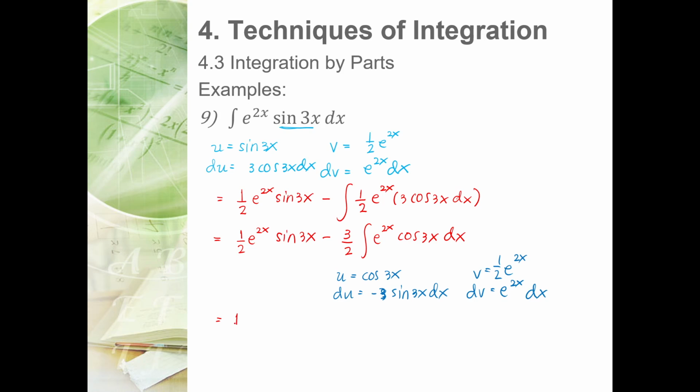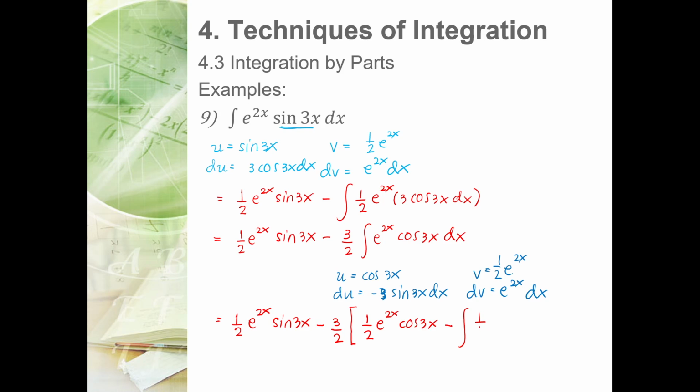So this becomes 1 half e raised to 2x sine 3x minus 3 halves. Again, don't forget to put the bracket. So uv first, that will be 1 half e to the power of 2x cosine 3x, and then minus v du.